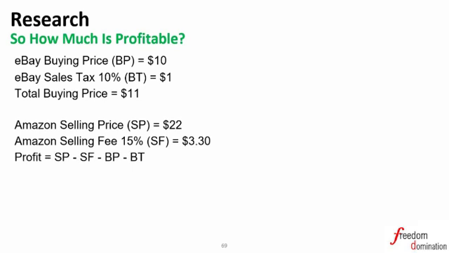Now the profit for this calculation will be the selling price of $22 subtract $3.30 of selling fee subtract $10 of buying price subtract $1 of buying tax. It work out to be $7.70 for this sale.